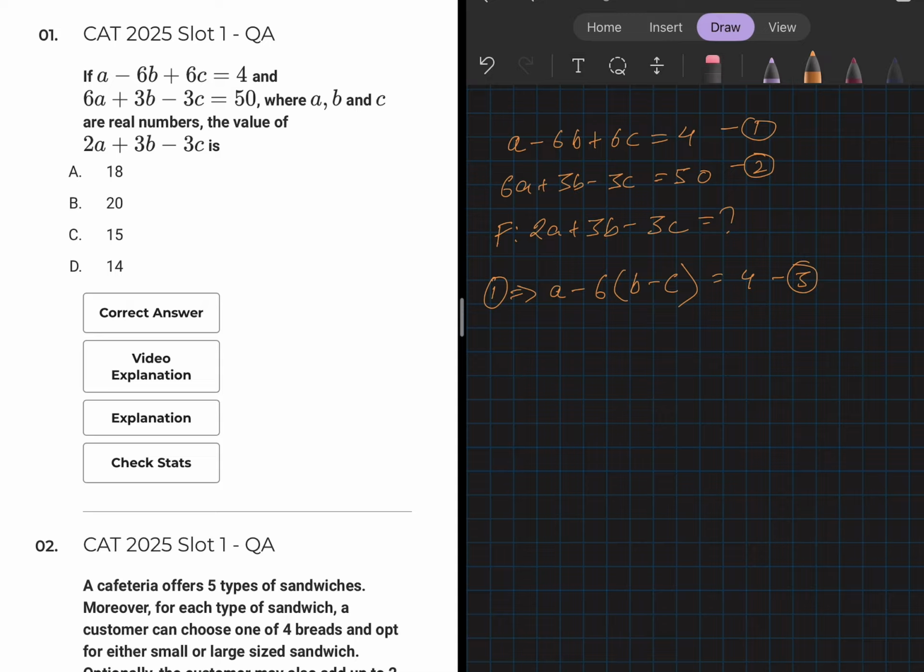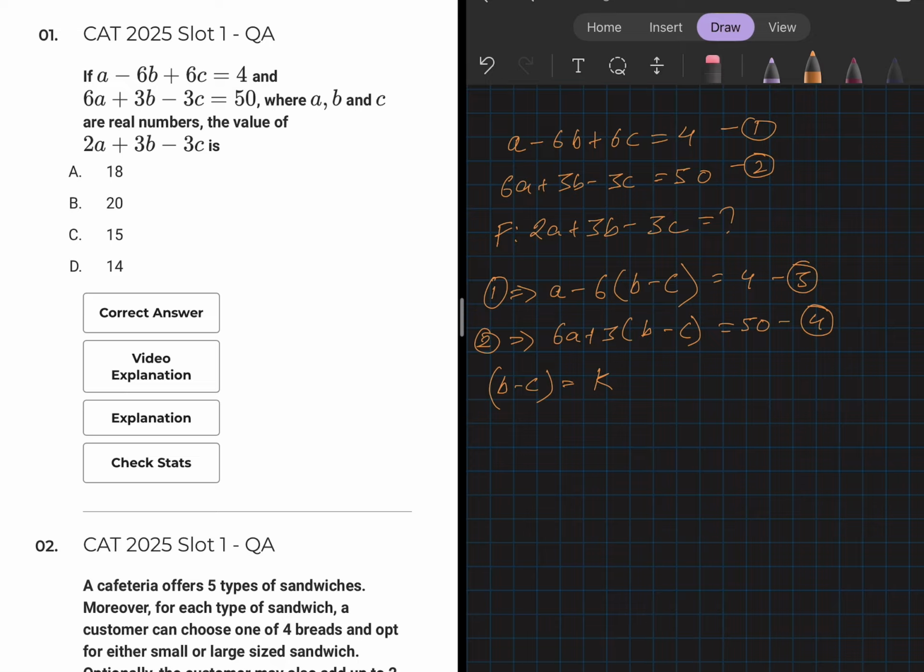So let's mark it as equation 3, and equation 2 we can write as 6a plus 3 times b minus c equals 50. See, now you can see that we can take the b minus c as common. That is, we can assume b minus c to be another variable k.